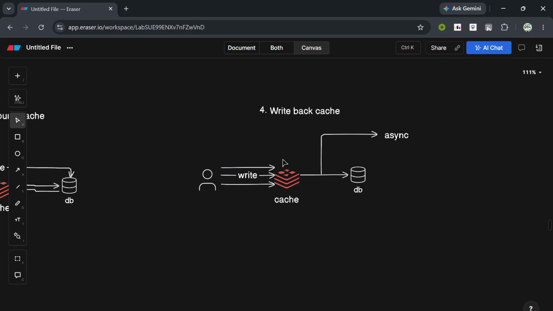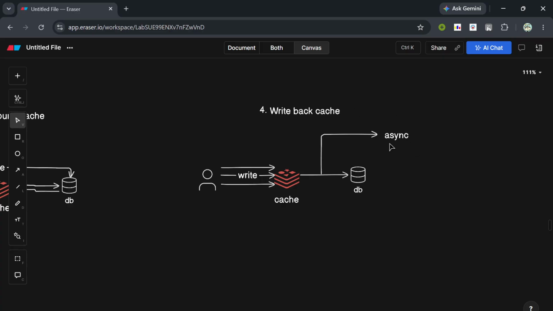So we can keep on writing in our cache memory and it will keep on updating in an async manner in the background, and we do not have to wait for each update to be completed before moving on to the next one. This is very useful where we have very high write traffic and need to write constantly in our cache memory. We can keep on writing and this will keep on updating in the background.